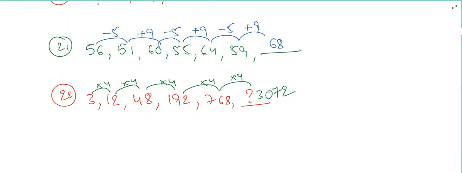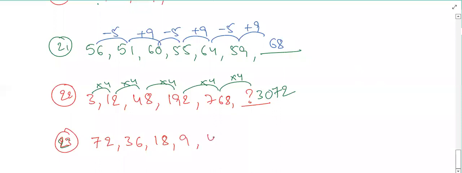3072. Next, tell the answer for this question number 23. 72, 36, 18, 9, 4.5 and dash.